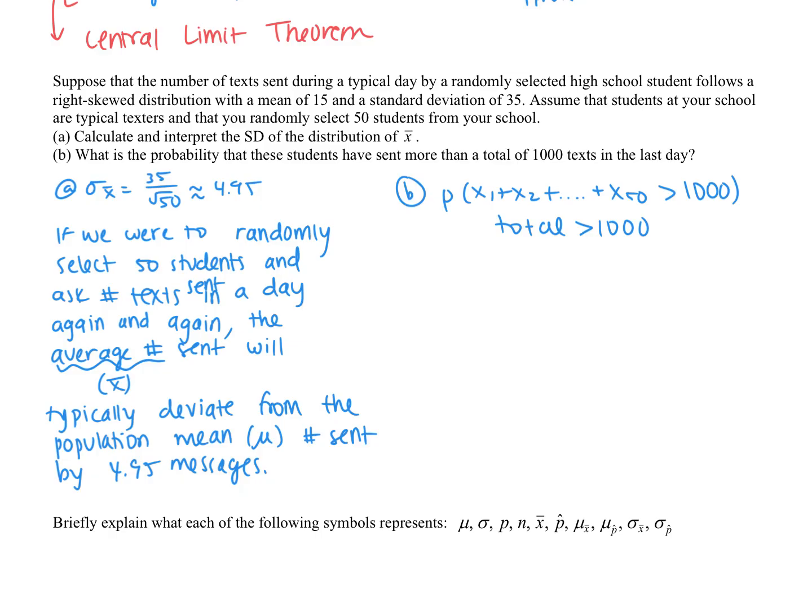We could do this as a combination. So we could consider the total to be a variable and find the mean and standard deviation of the total. Or what we can do instead now is do this as a sample mean. So if we have 1,000 texts sent by 50 students, that's an average of 20 per student. So that's the same as looking for the probability of an average being greater than 20.